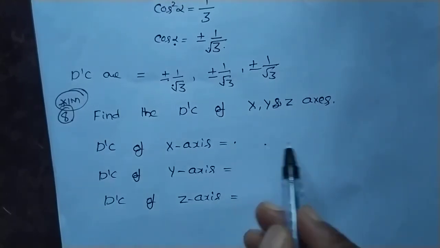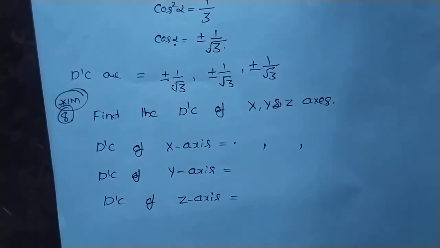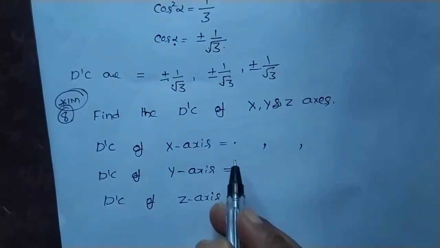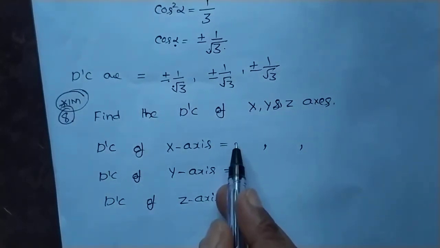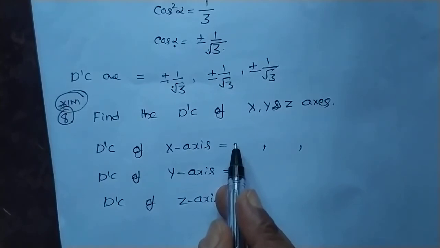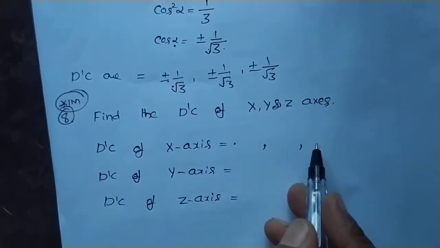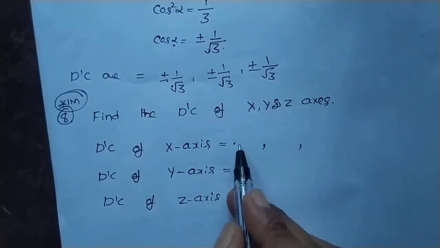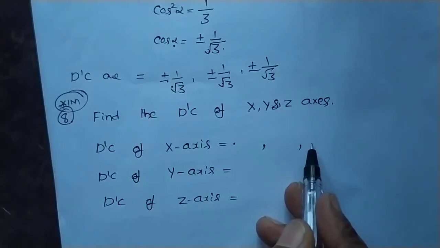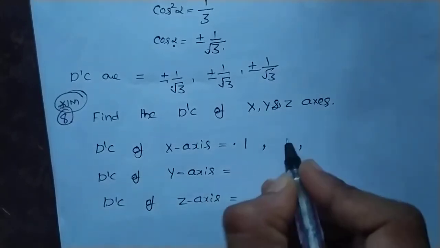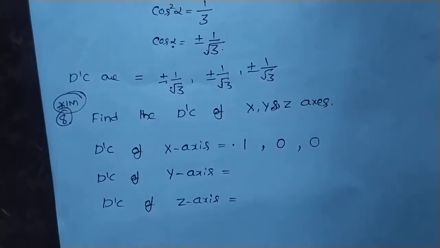For the x axis, the angles are 0, 90, 90, so we get cos 0, cos 90, cos 90. Cos 0 is 1, cos 90 is 0, so we get 1, 0, 0.